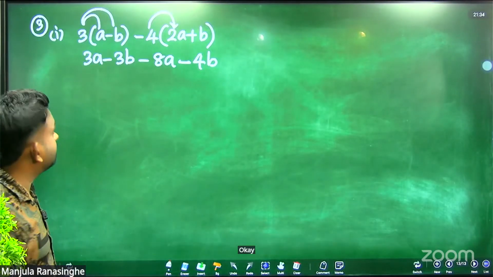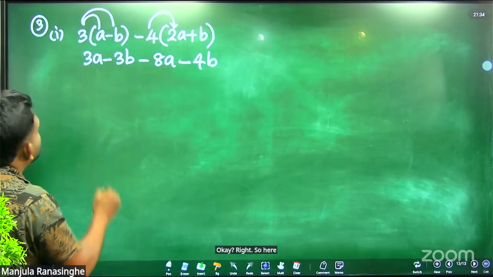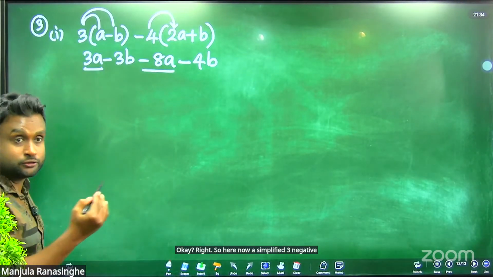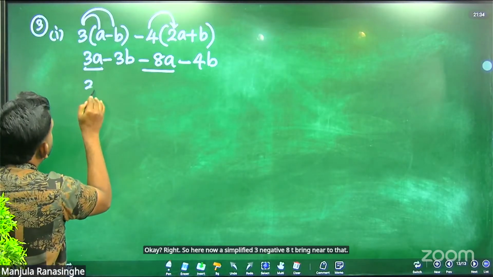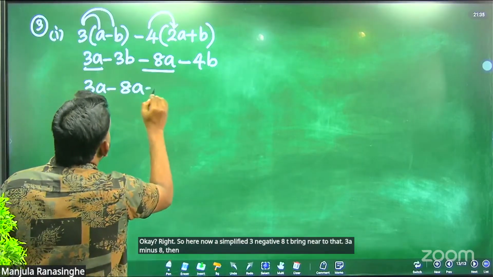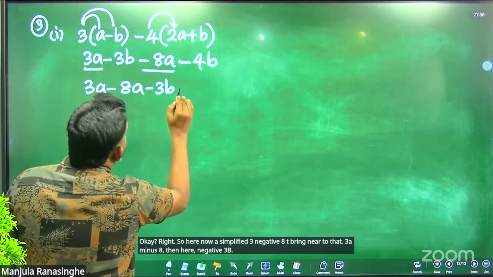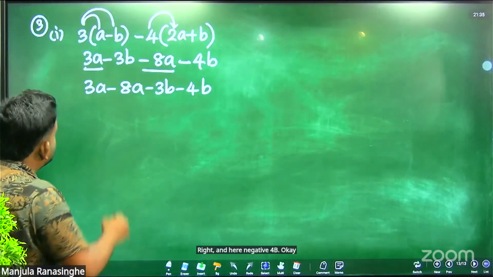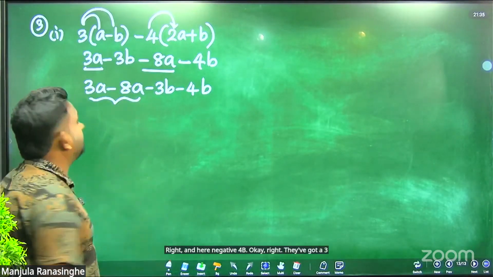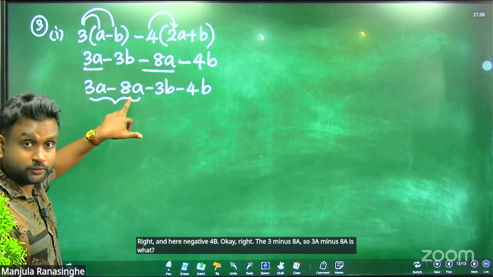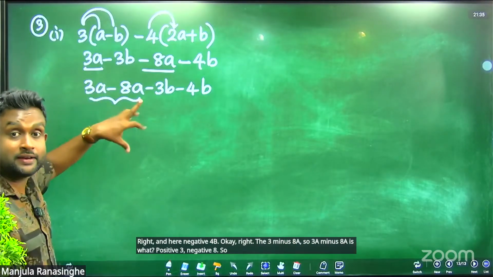Okay, right. So here now, simplify: 3a negative 8a, then negative 3b, and here negative 4b. 3a minus 8a is what? Positive 3, negative 8, so the signs differ.